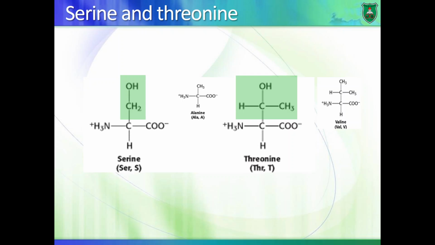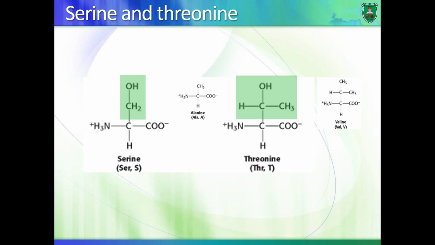Notice how they are related to the structures of alanine and valine. So for serine, instead of a methyl group as in alanine, you have one hydrogen replaced by a hydroxyl group. And for threonine, you have a replacement of a whole methyl group by a hydroxyl group.